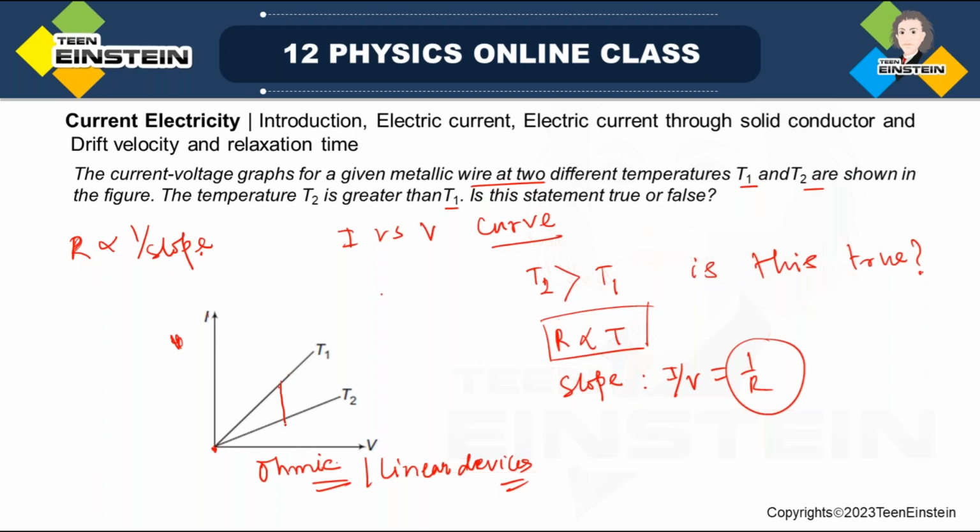So if this has more slope, then its resistance, R1, will obviously be less than R2 for the other one.